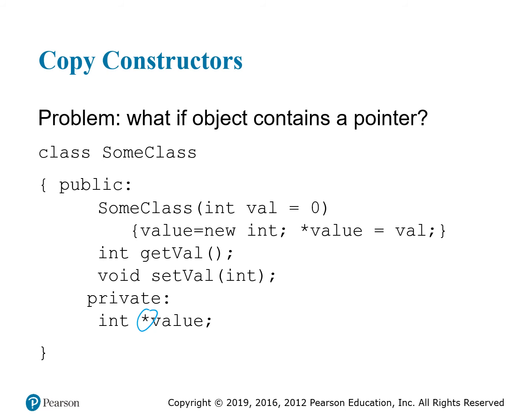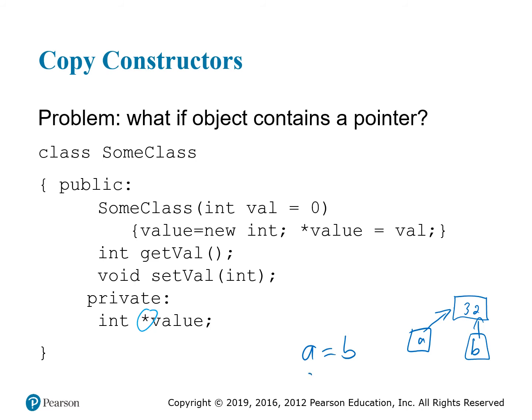So we'd end up with, if we just did A equals B, object A pointing to the same memory location, say holds number 32, as B is pointing to.